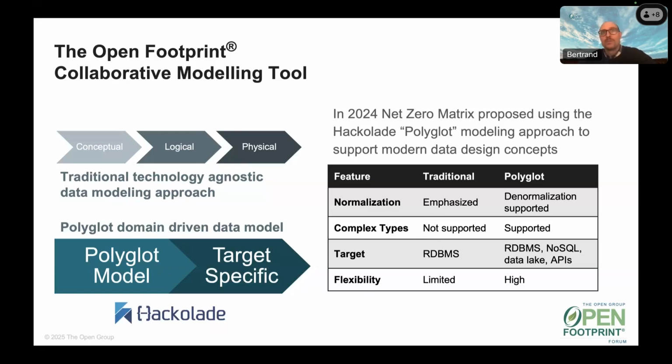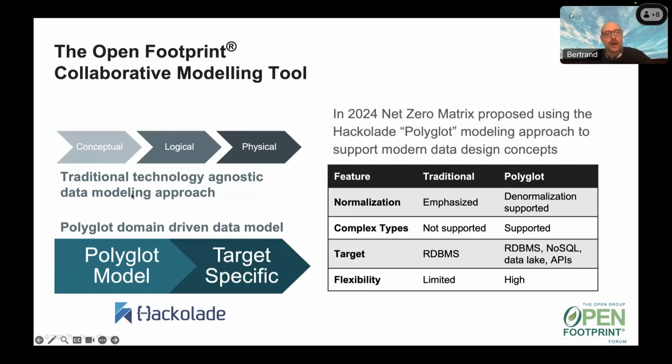But there have been emergence and shifts in the technology, and there are new systems out there like NoSQL databases or data lakes, unstructured data backends, and various API protocols that have been designed that you may want to layer on top of your logical data model as part of your target-specific implementation.